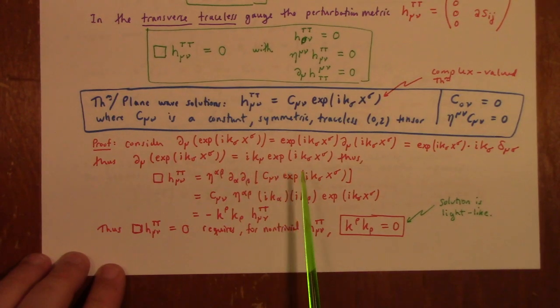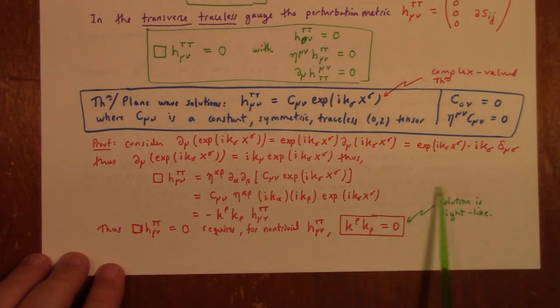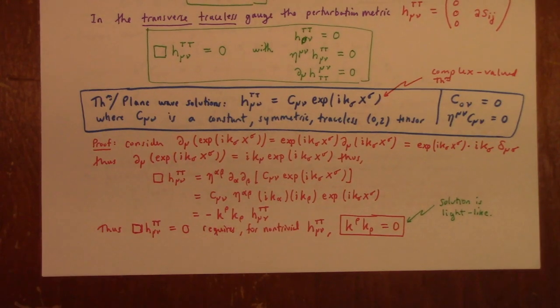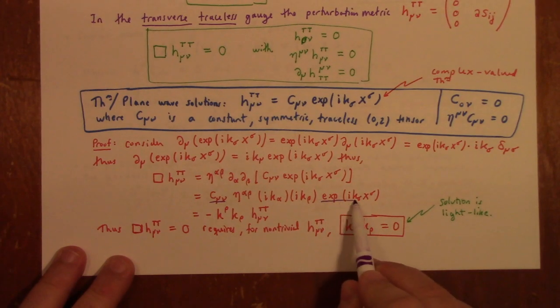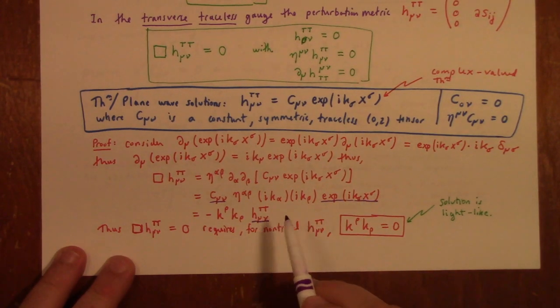Differentiate again, you pull down another i k. So when I differentiate this 2 times, I get an i k_alpha and an i k_beta. And then i times i is minus 1, and you end up with the contraction of the wave vector against itself times, well, this again is this times that. This right here times this right here is precisely the alleged solution.